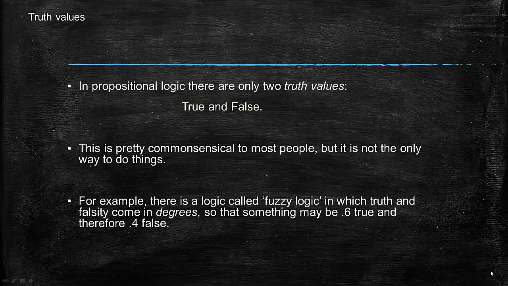There's even logics that have an infinite number of truth values, like fuzzy logic, which thinks of truth and falsity in terms of degrees, the amount of truth in a proposition. So something you say might be 60% true and 40% false, for example. But we don't do that here. So true and false, we keep it simple.